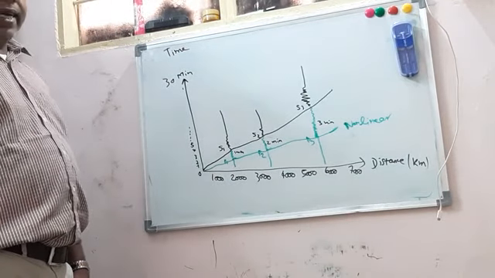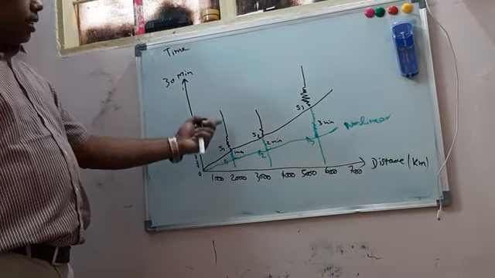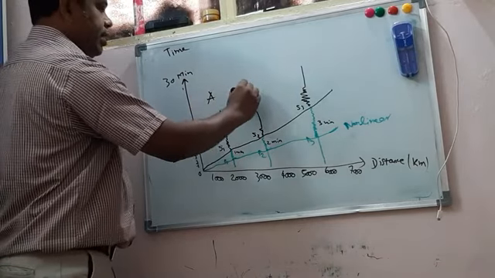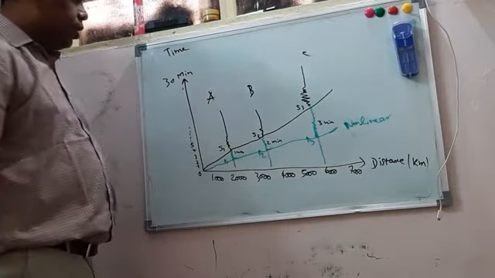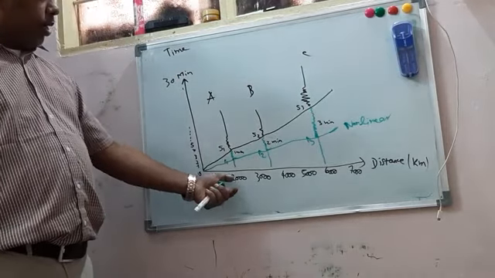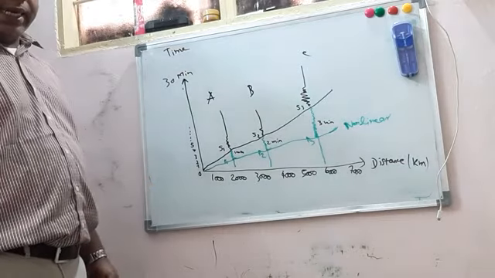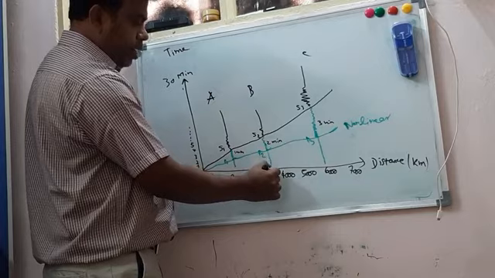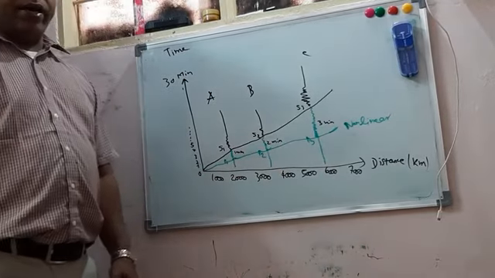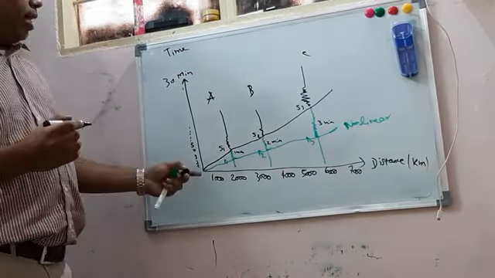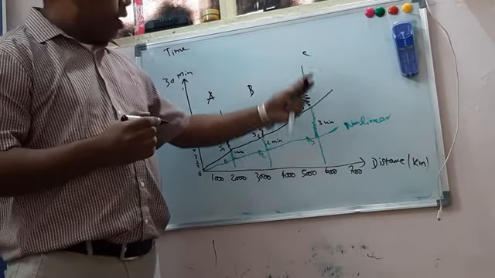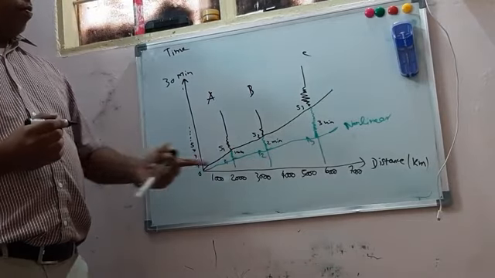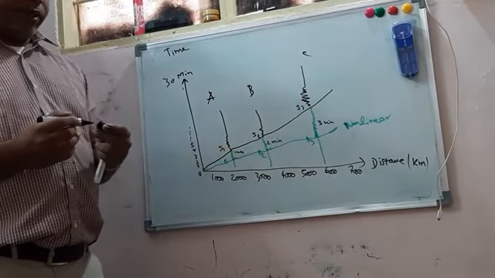It means station A is located 2000 kilometers away from the epicenter, station B is located 3500 kilometers away, and similarly station C is located 6000 kilometers away.